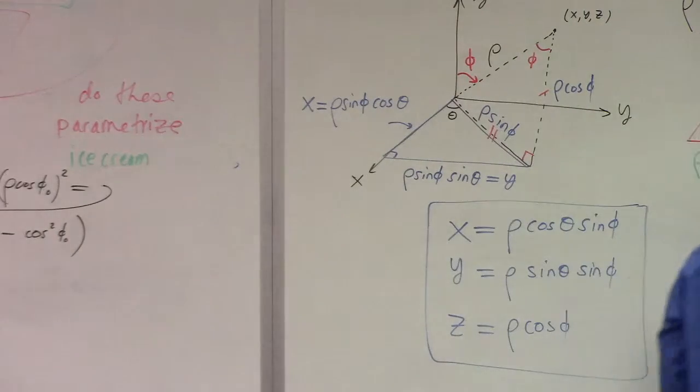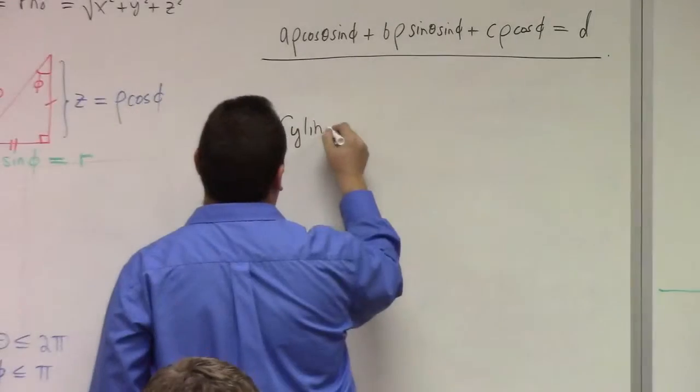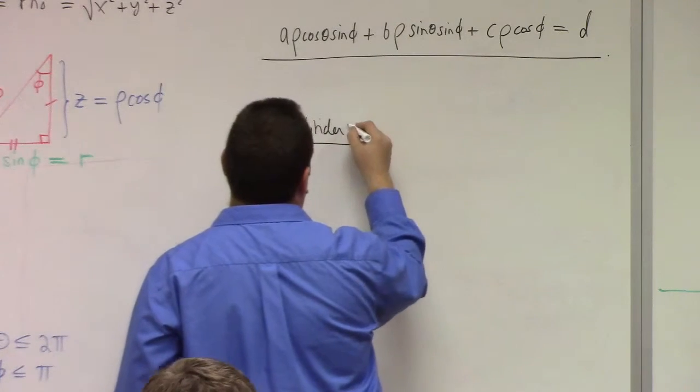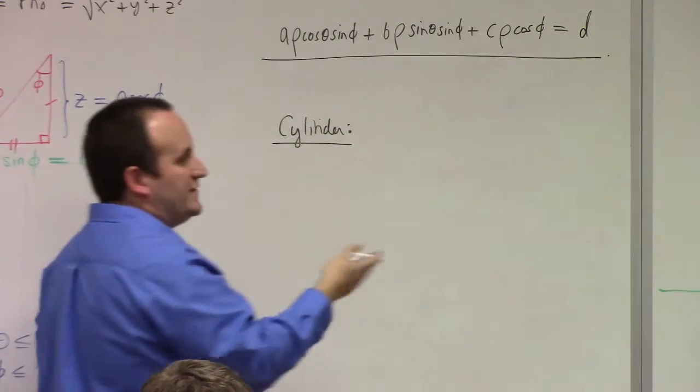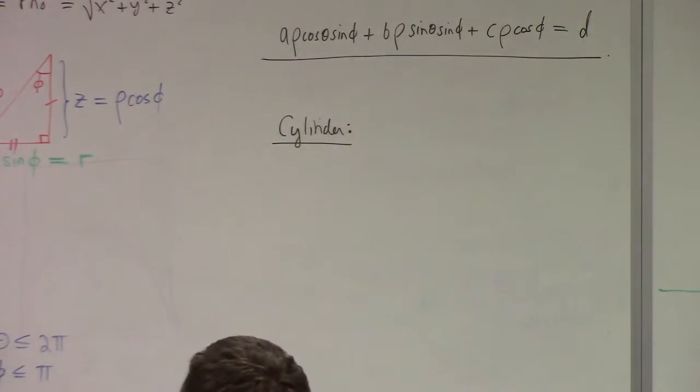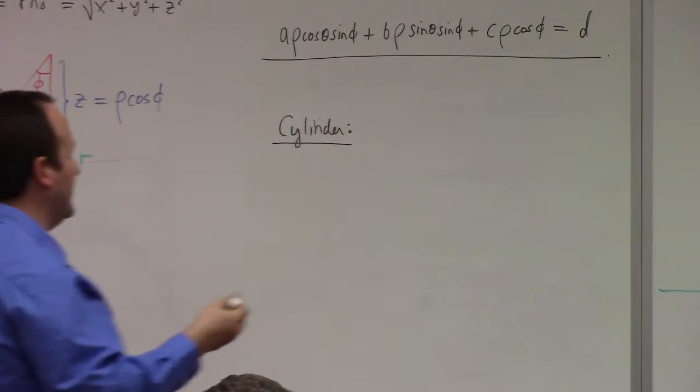How about a cylinder? Sometimes there are problems involving both spherical and cylindrical symmetry, so you just have to fall on the sword one side or the other. So sometimes it's important to know this.